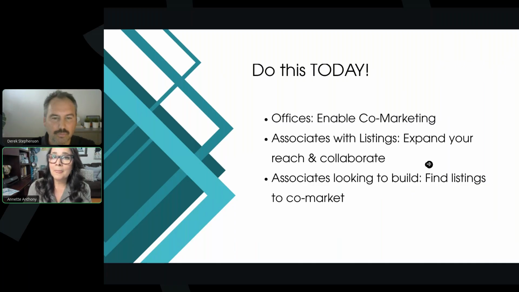You can go in. It's always defaulted to none, so we don't assume that you want to participate in this. So you would have to go in and determine whether you want to make all of your listings enabled for co-marketing or specific ones. Choice is yours. And if you want all of the associates to have access, or if you want specific agents, okay?